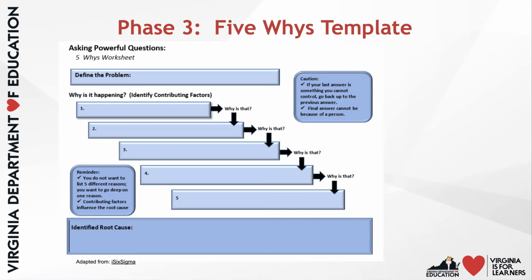Next, you're going to start asking why related to the problem. Why is this happening? Ask as many whys as you need in order to get insight at a level that can be addressed. Asking 5 times is typically the best way to get to this point. You will know you have reached the final why because it doesn't make logical sense to ask why again.